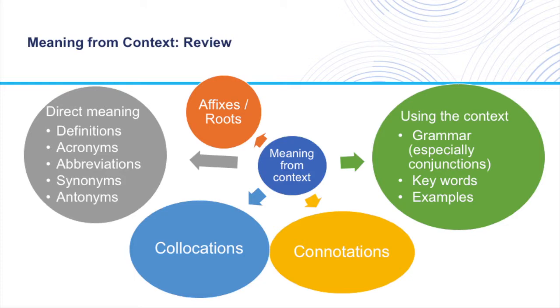We learned about the feelings that words carry, connotations, and about other words that they partner with, collocations. We have learned to use the context, topic, keywords, grammar, and examples. All of these things will also help you to learn to use the words, not just recognize them.